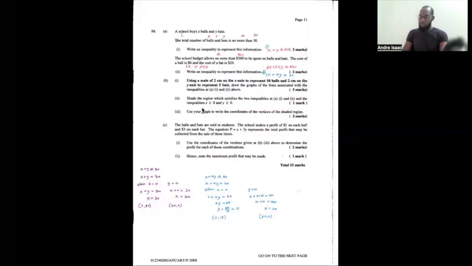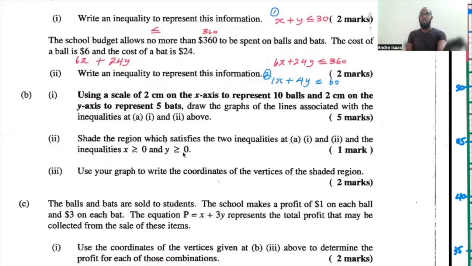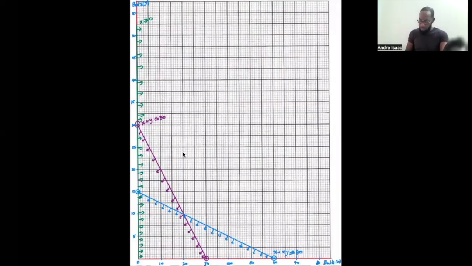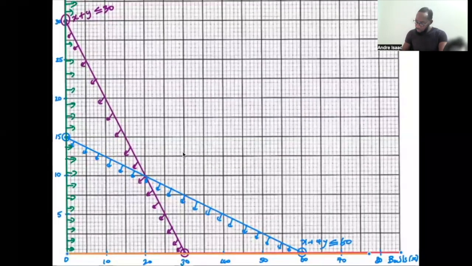Now we're going to deal with y is more than or equal to 0. A horizontal line going across on 0. Y more than or equal to 0. So this line here, this orange line represents y equals 0, right? Because all the y values on that line equal 0. Check out my types of graph video.